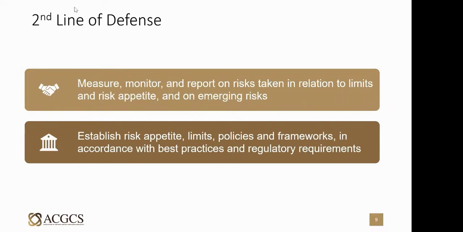So they establish what the risk appetite is, what the thresholds are for transacting with the bulk of the clients, whether individual clients or corporate clients. They're the ones that will develop the policies, and they will provide advice and counsel when there are requirements for interpretation of those policies and procedures.